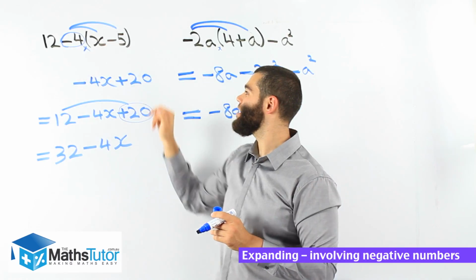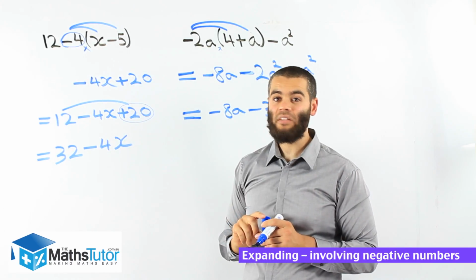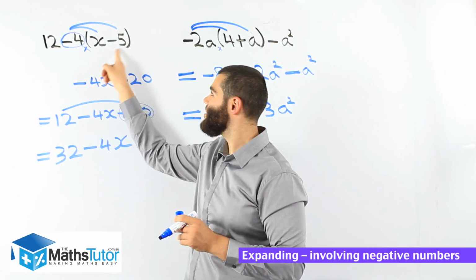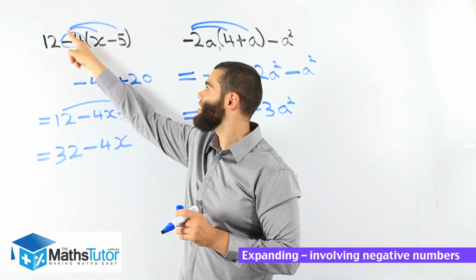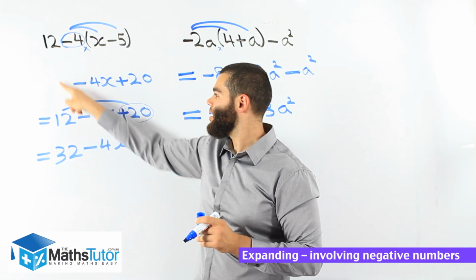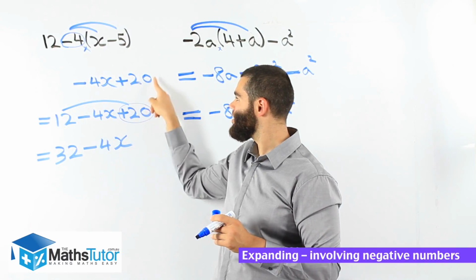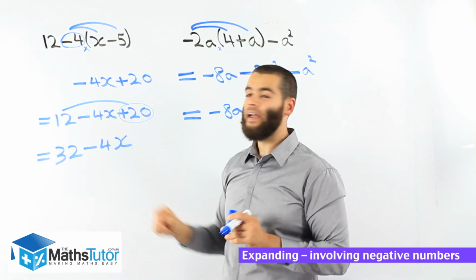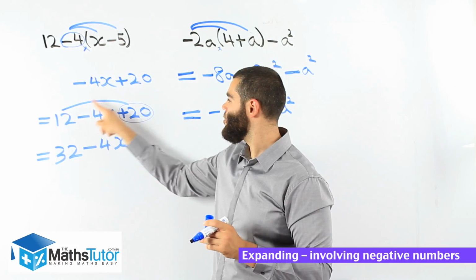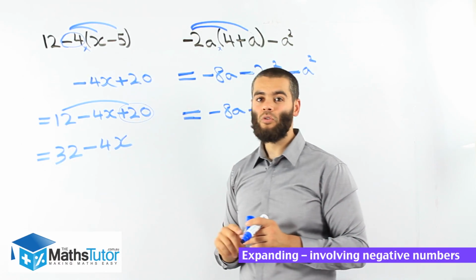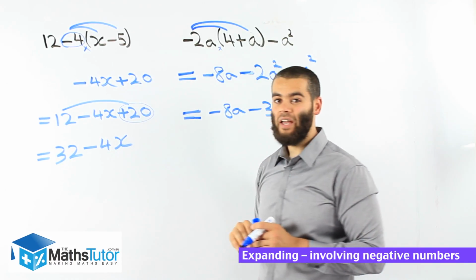Negative 4 times negative 5 is positive 20. So that is the solution for the expanding. 12, we bring it down, minus 4x plus 20, there it is. And now we collect like terms. 12 plus 20 is 32 minus 4x.